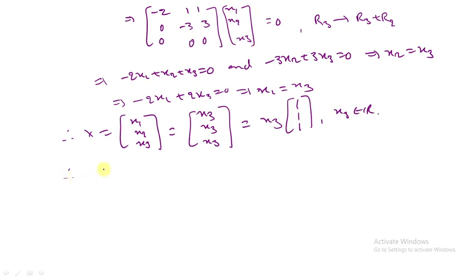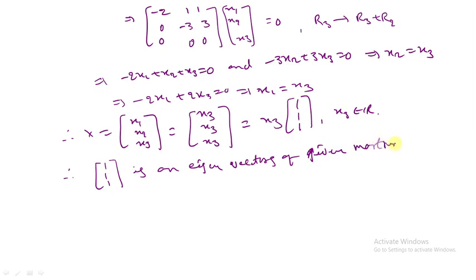And therefore 1 1 1 is an eigenvector of the given matrix corresponding to eigenvalue lambda equal to 3.